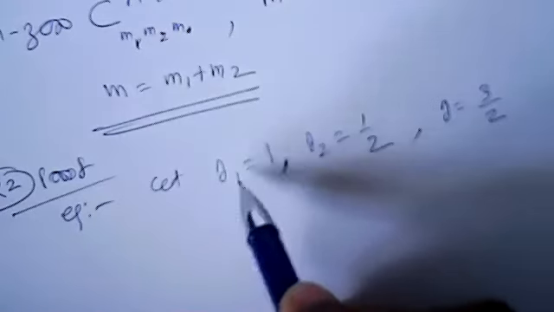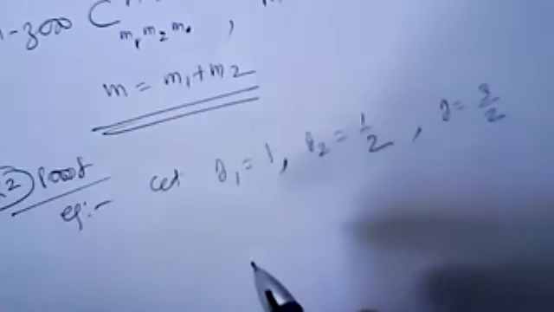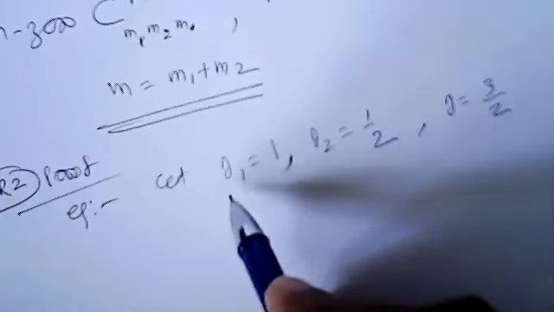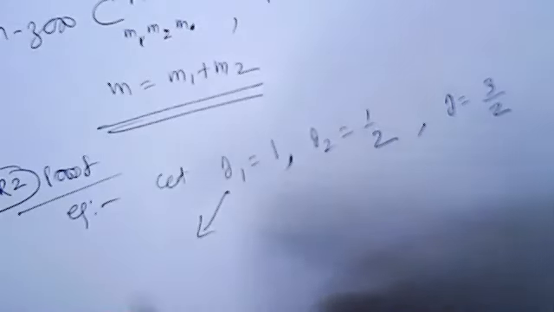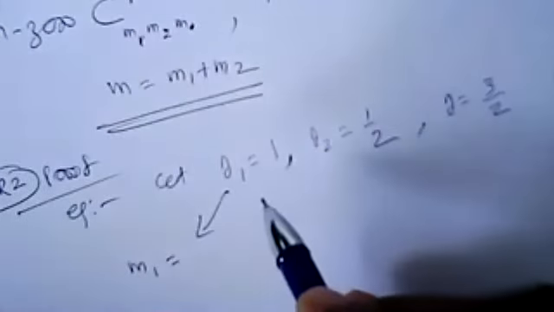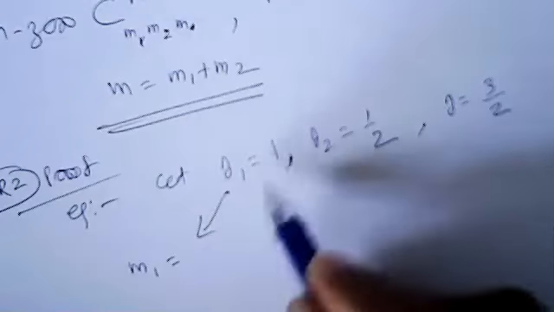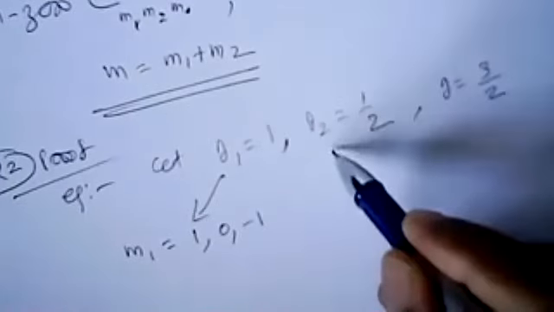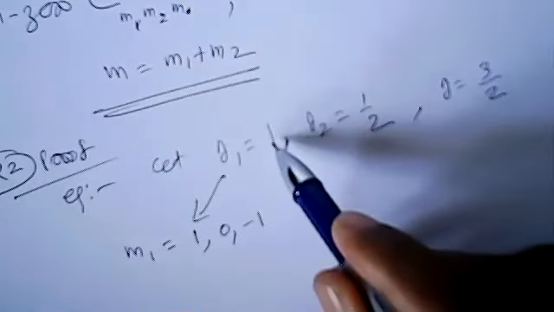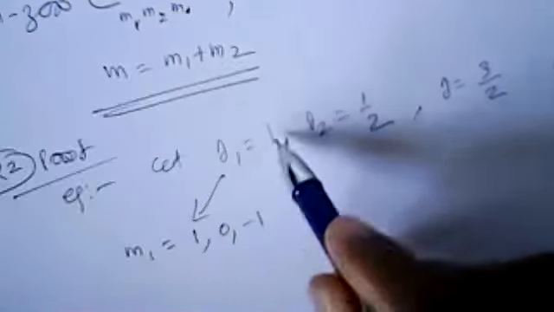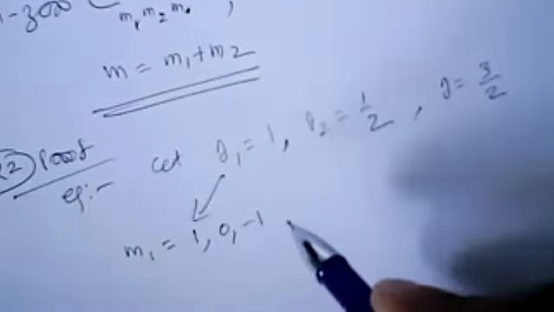Okay. Now corresponding to this J1 value, what are the allowed M1 values? Corresponding to J1, we have M1 values. What are the allowed M1 values? 1, 0, minus 1. Corresponding to 1, 2J1 plus 1 values, that is 3 values.